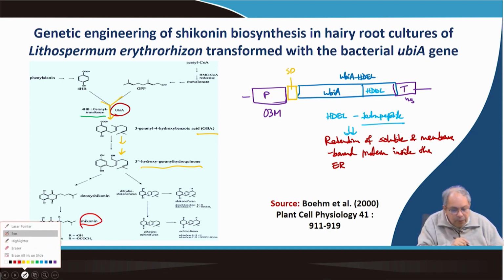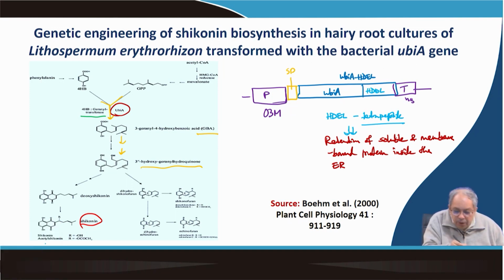And so, the outcome is that there is only a marginal increase, although the gene has worked well, and as a result, this product 3-geranyl 4-hydroxybenzoic acid is produced in huge amount.